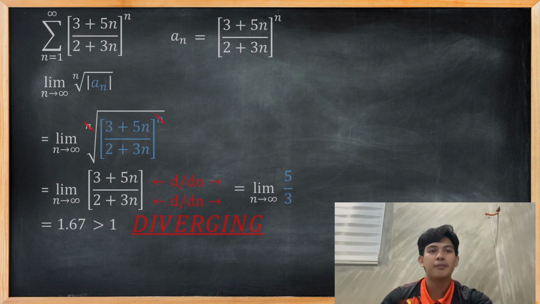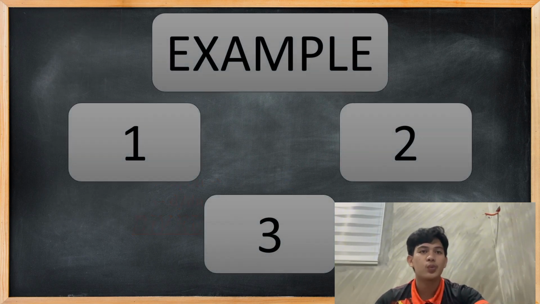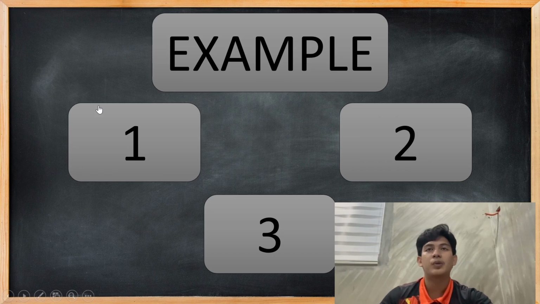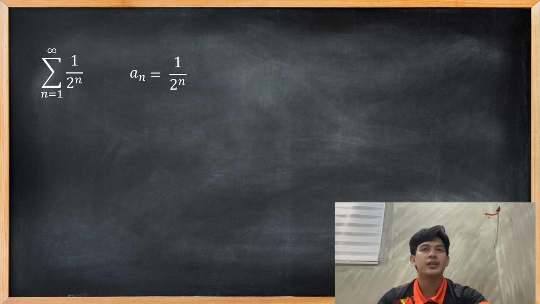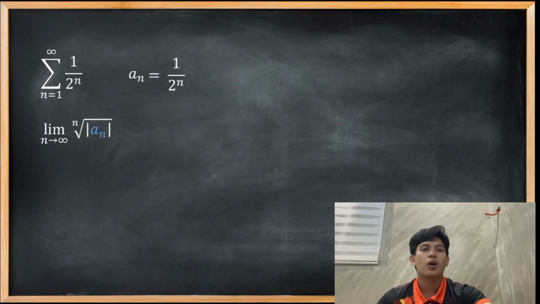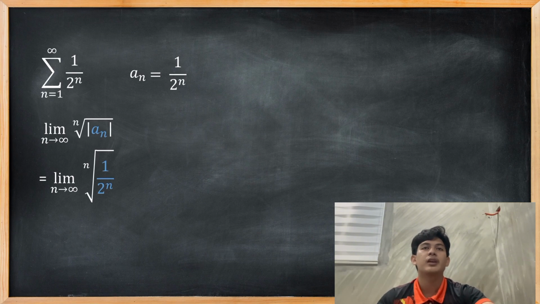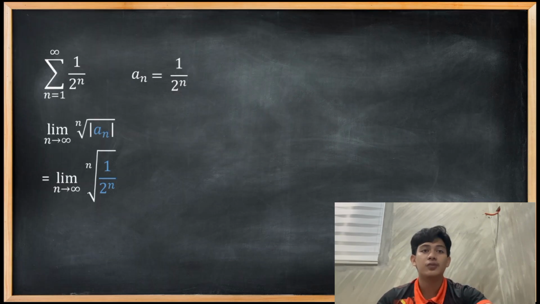For the next example, we will answer example number 1. In example number 1, we have a given problem of the summation of 1 over 2 raised to n. Just like before, we have to get our a sub n, and our a sub n is equal to 1 over 2 raised to n. With that, we will again use the formula, the limit of the nth root of a sub n. Since we already have a sub n, we just substitute it.